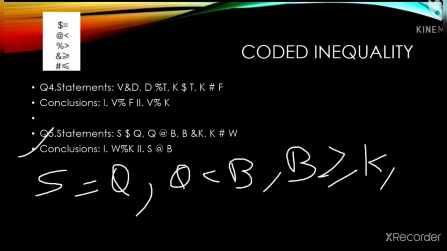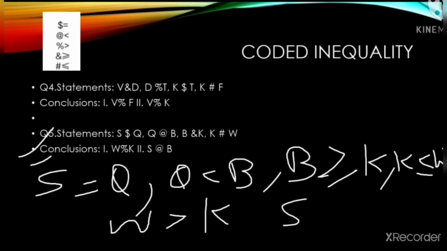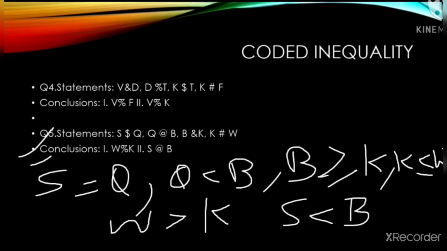Next is k hashtag w, it means k is greater than or equal to w. Fine. So see the symbols. Conclusion, w percent k, percent stands for greater than k, and s at the rate b means s is smaller than b. Fine. So we need to move forward from w to k.